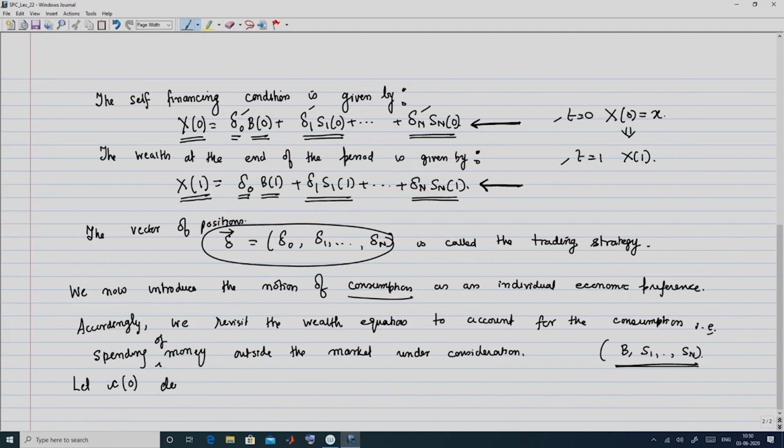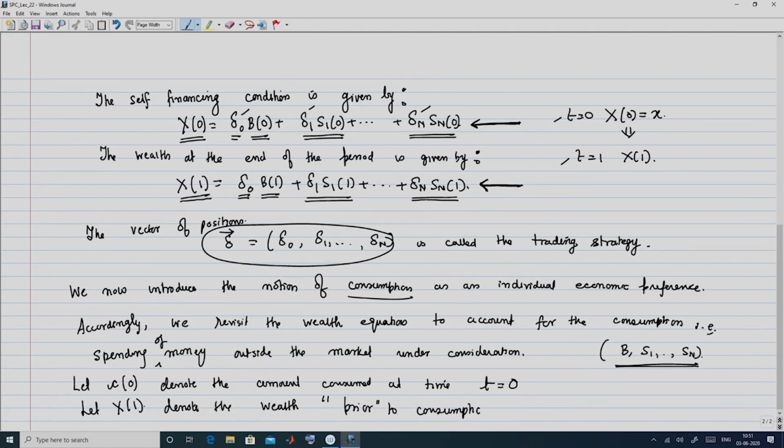Let C0 denote the amount consumed at time t equal to 0, and another notation we introduce is let x of 1 denote the wealth prior to consumption at time t equal to 1.